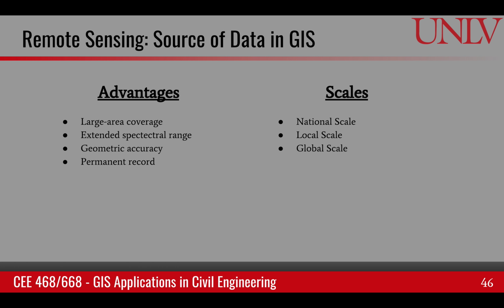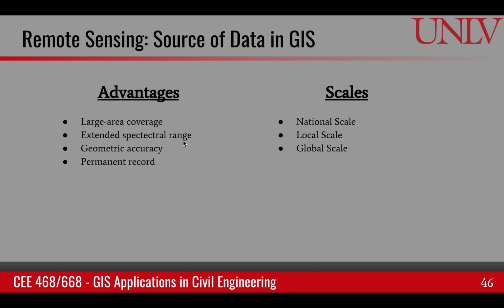source for GIS data. First of all, it provides a large area coverage and takes away the need to go out there with your instruments and do a survey. Then we also look at the surface in a wide spectral, there's a typo here, this is spectral range.